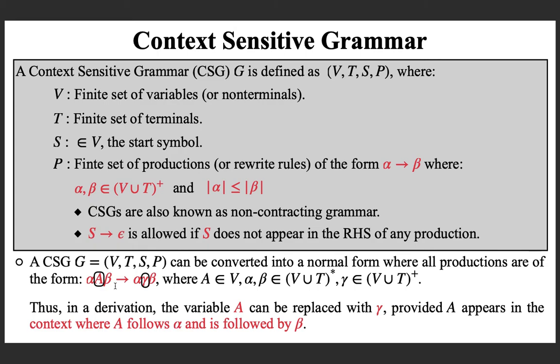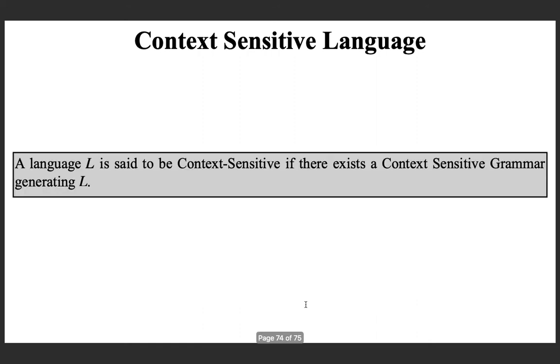So given an arbitrary context sensitive grammar, you can convert it into this kind of normal form. And that is why the grammar is named context sensitive grammar. The application of the production depends on the context. Now let us define what is a context sensitive language.